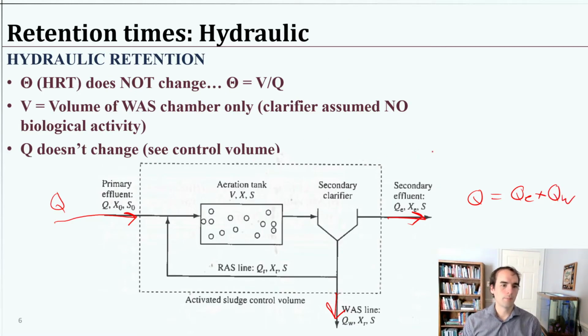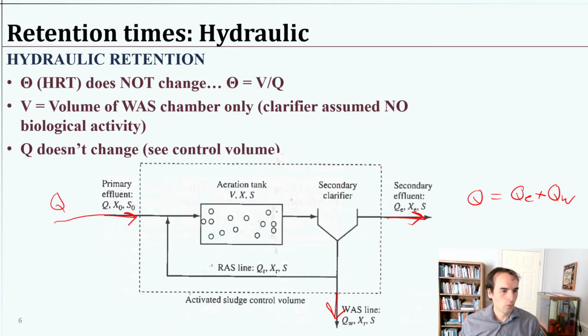Nowhere in that mass balance or in the balance of flows does the QR show up if we're dealing with the mass balance using that control volume, because we always deal with what's at the boundary of the control volume in order to understand the system.